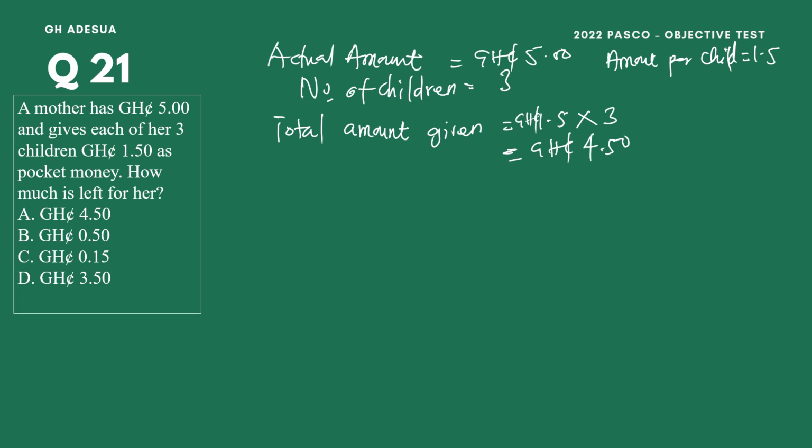Now we've done the first part, knowing the actual amount given. Of the 5 cedis the mother had, we're going to look for the amount left. The amount left will be the actual amount the mother had minus the amount given.